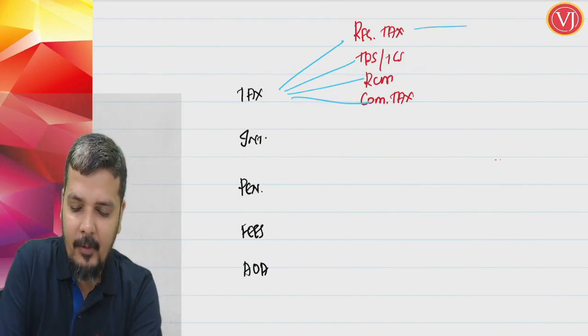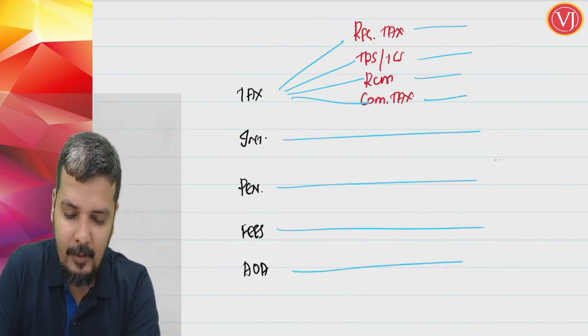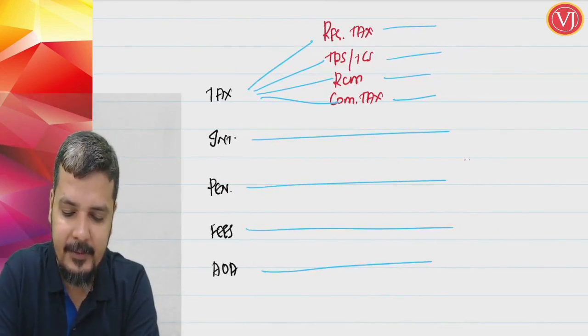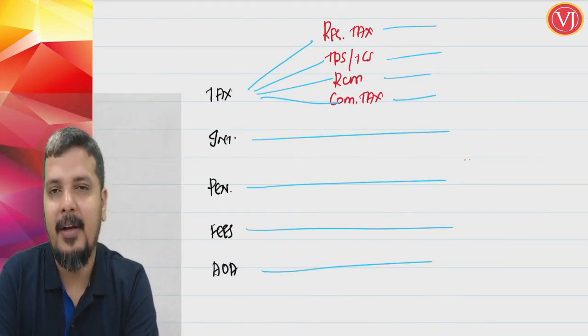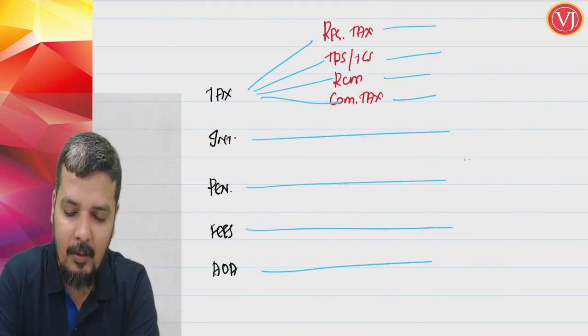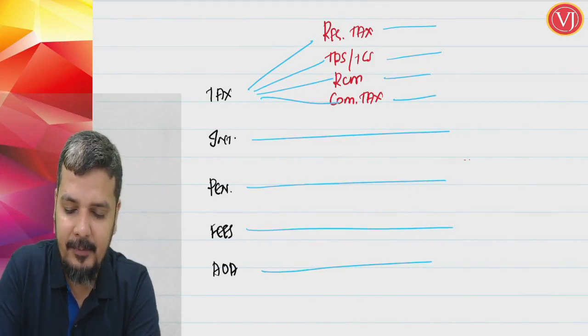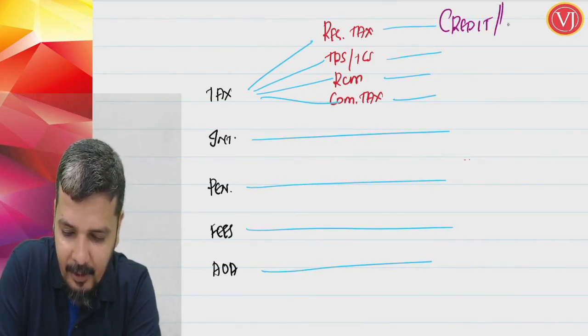Now if you look at the answers, only this first part, which is a regular tax, not being TDS, TCS, not being your RCM, not being your composition tax, only that portion can be paid either by using your credit ledger or your cash ledger.